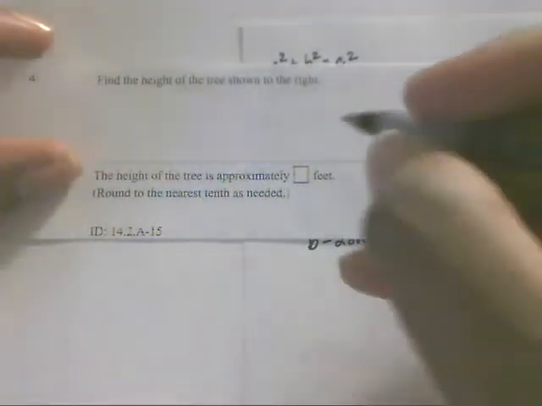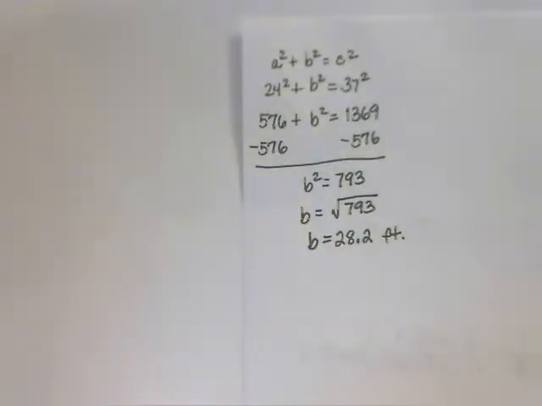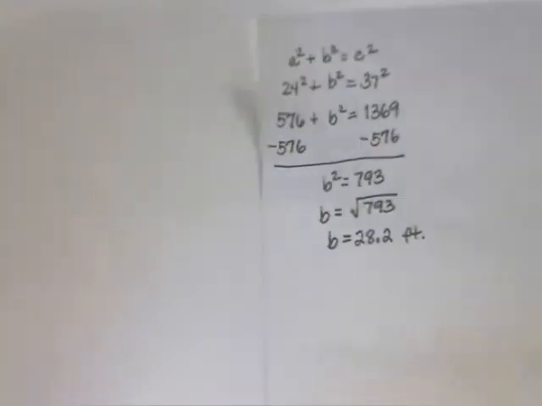So to answer that question here, the length of the tree is approximately 28.2 feet. Okay, so that's how we use the Pythagorean theorem for these types of application problems.